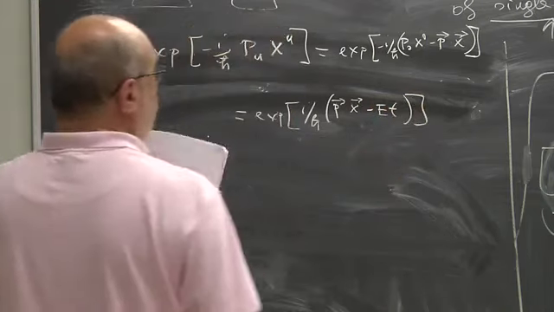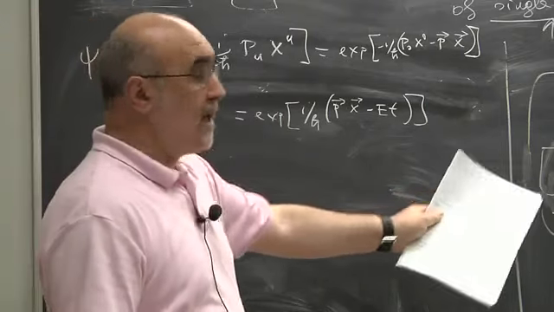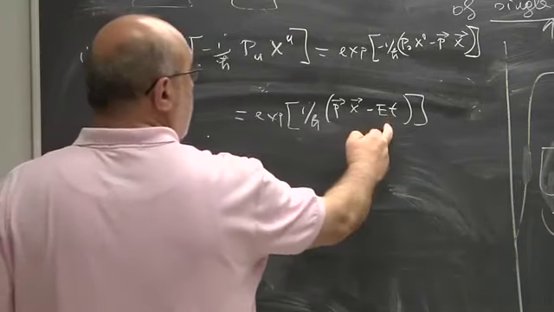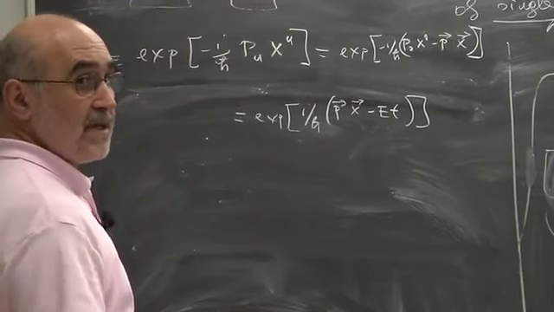You see, there is no c. I will prove that this is a solution of that, provided P and E stay on the mass shell, satisfying the famous relativistic relation.